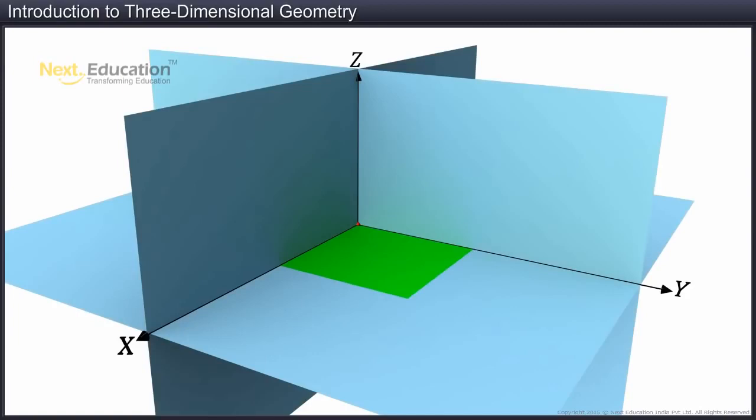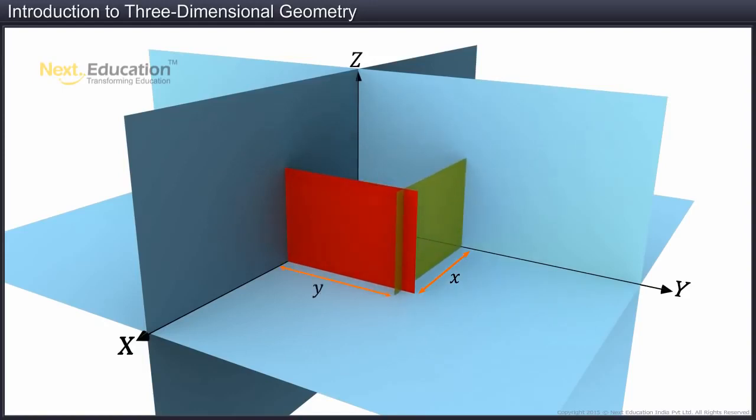Having seen how a given point is traced in space, we will now locate a point using the intersection of planes. First, we will take a plane at a distance x and parallel to the yz plane. Next, a plane parallel to the xz plane and at a distance of y is taken. Finally, another plane parallel to the xy plane and at a distance of z is taken.